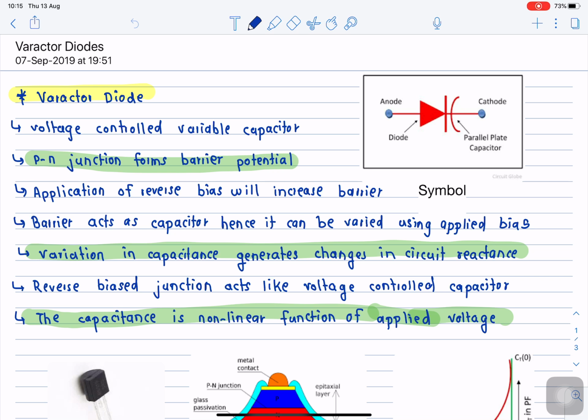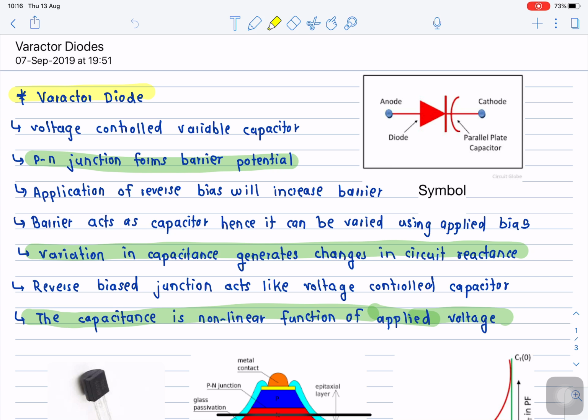What do we mean by voltage variable capacitor? The capacitance of these diodes can be modulated by applying a variable voltage across it. Varactor diodes are also sometimes known as Varicaps.